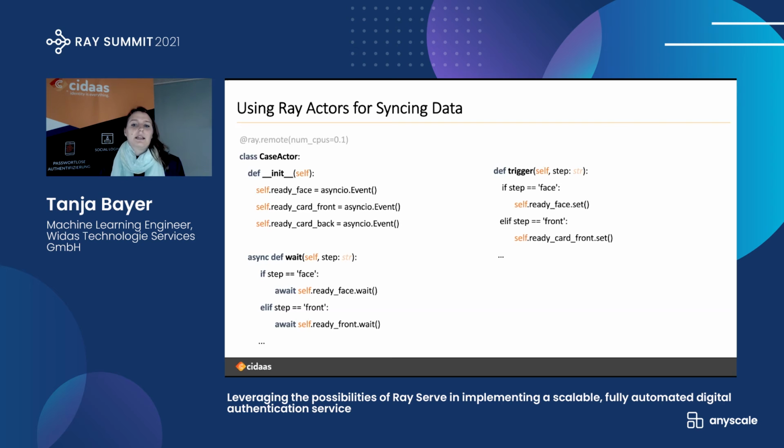Based on the steps, it sets the event and enables our functions to continue where they have been stopped by the await function. And the last function which our case actor has is an initialized function, which we use to make sure that the case actor has actually been initialized before using it.